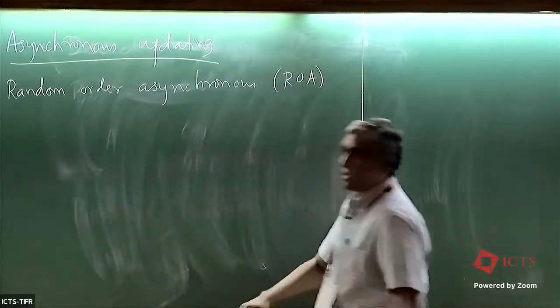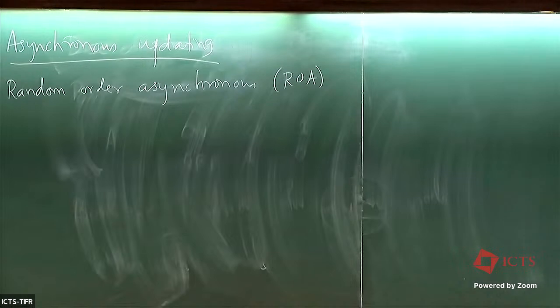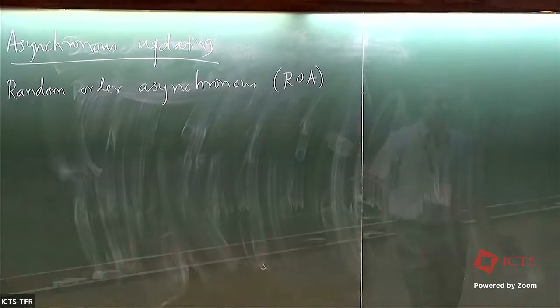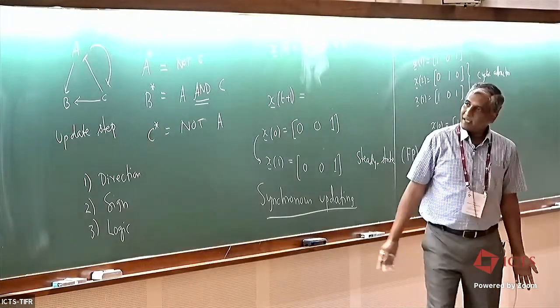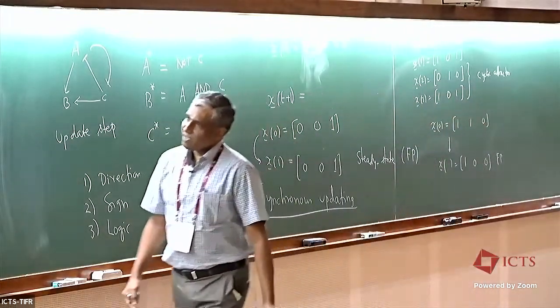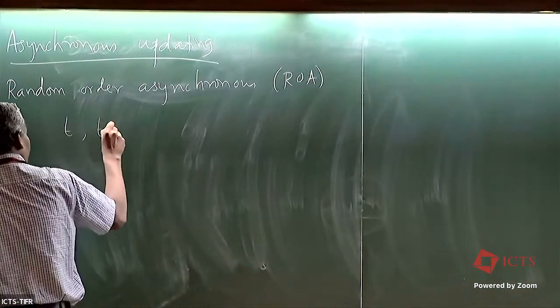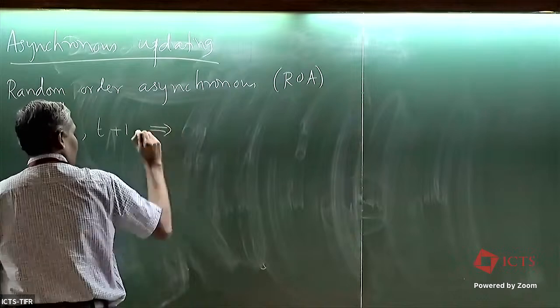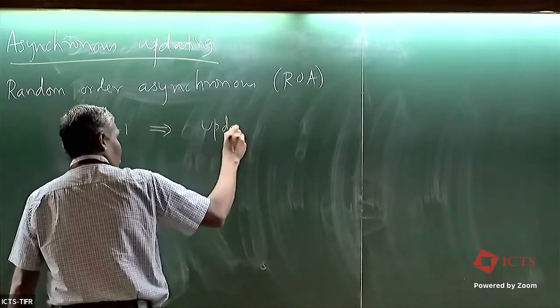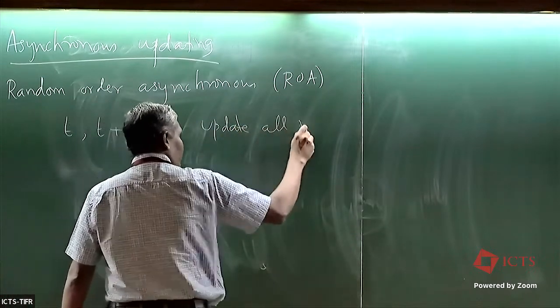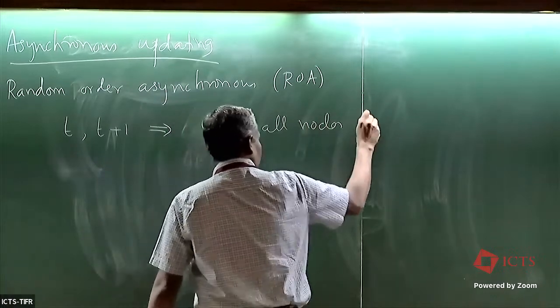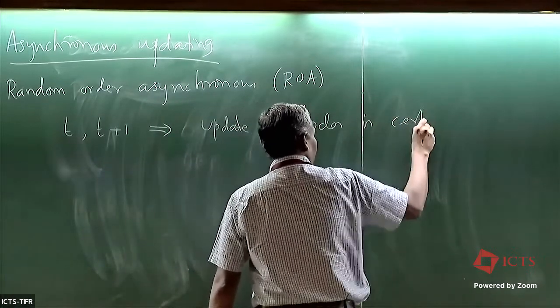So the idea here is very simple. Rather than updating all the nodes simultaneously, I update them in a certain random order. And the rule here is, between every time step t and t plus 1, update all nodes in certain random order.